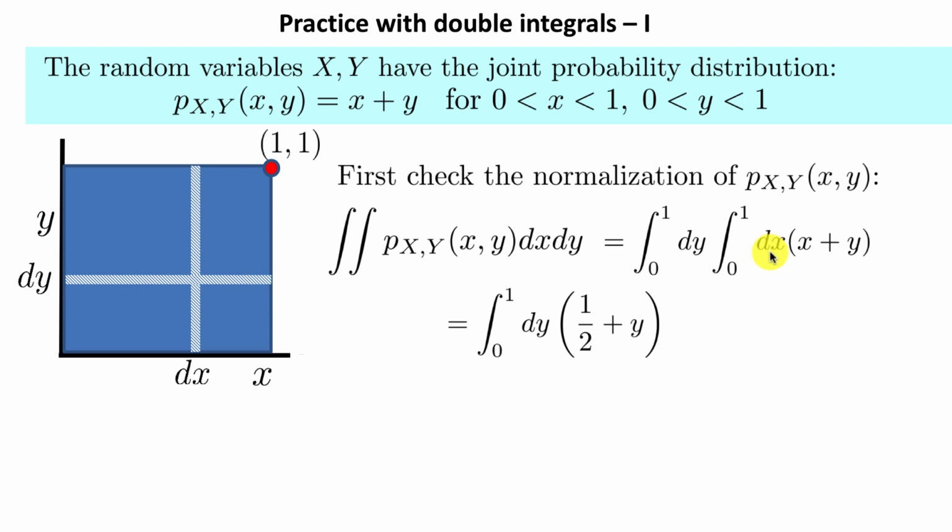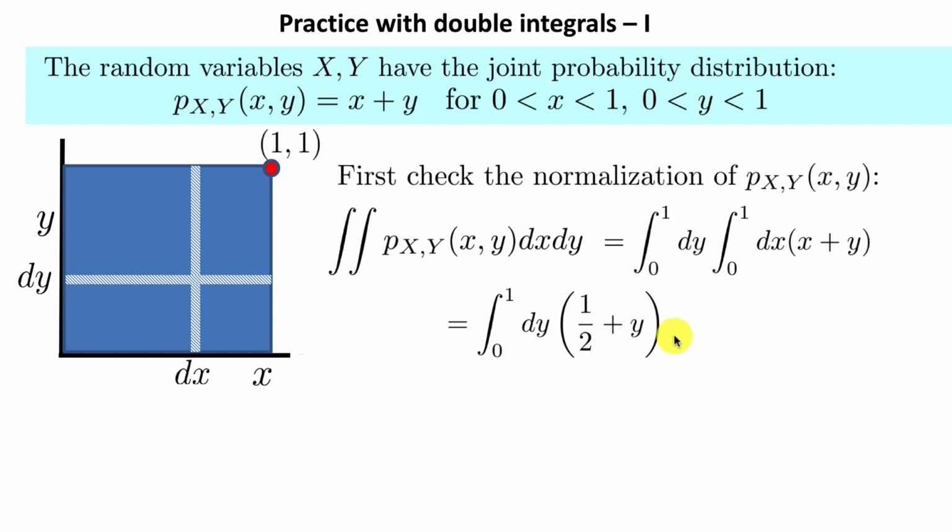So when we integrate dx, this is like dx into 1 multiplied by y. And so that gives xy with x going from 0 to 1. And that simply gives you y. So this first integral, this inner integral, gives half plus y.